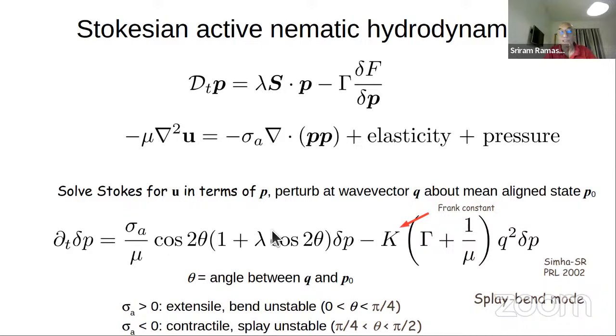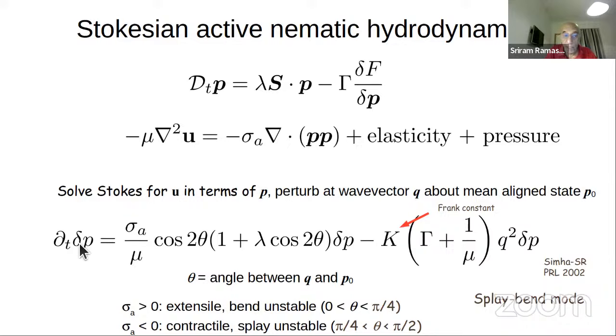Now, this algebra is complicated. I don't expect you to understand this. Understand just the process. Solve the Stokes equation for the velocity field in terms of P, perturb about the mean aligned state with perturbations that vary sinusoidally in space, right? There'll be perturbations with a certain wave vector Q, and write down the effective dynamics.